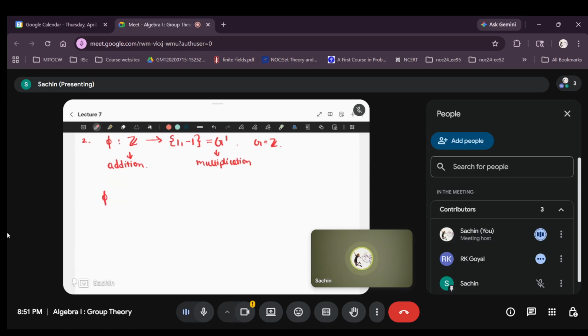And I define phi of an integer a as equal to 1 if a is even, minus 1 if a is odd. Is phi a group homomorphism?